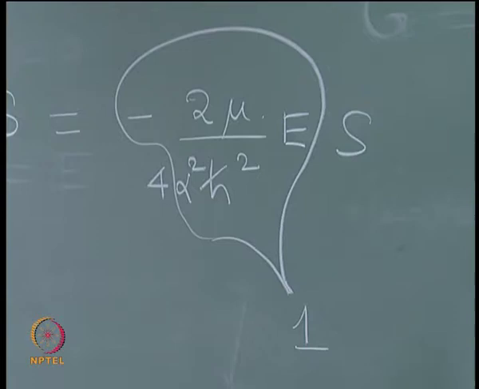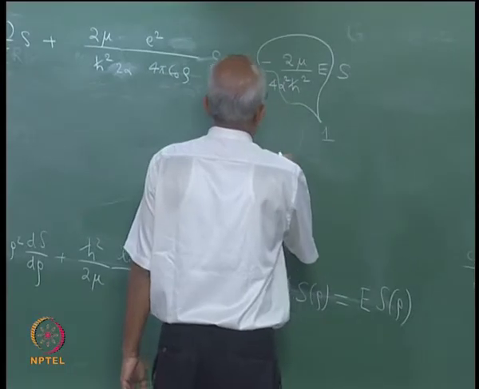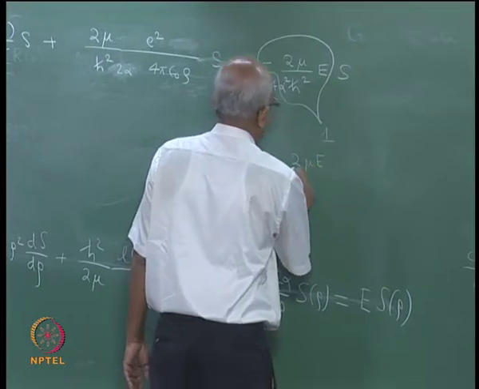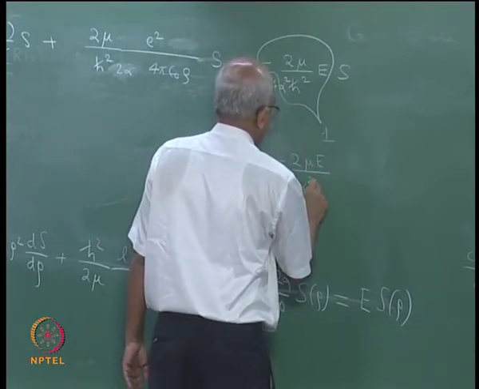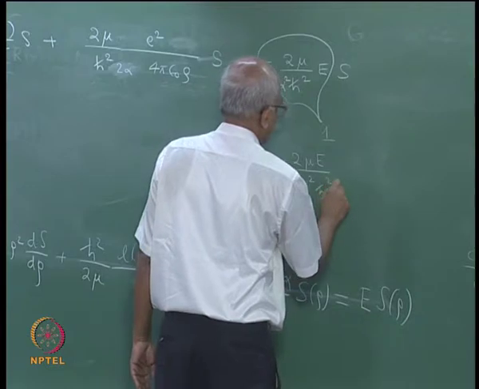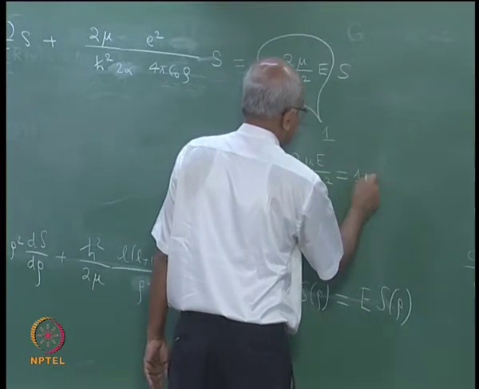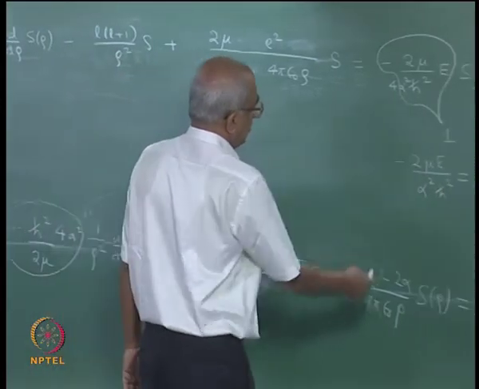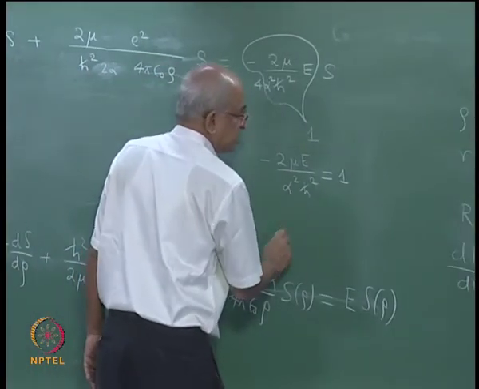So, what will be the definition of alpha? It says that minus 2 mu e divided by alpha square h cross square is equal to 1. Or it says that alpha square must be equal to something.